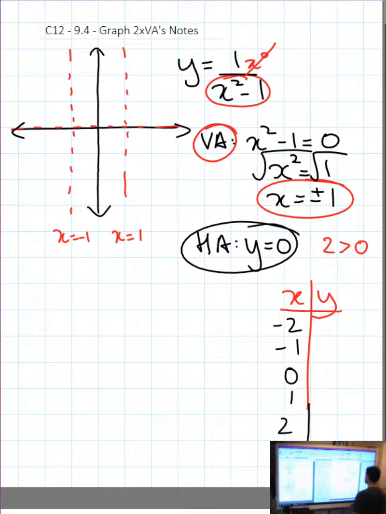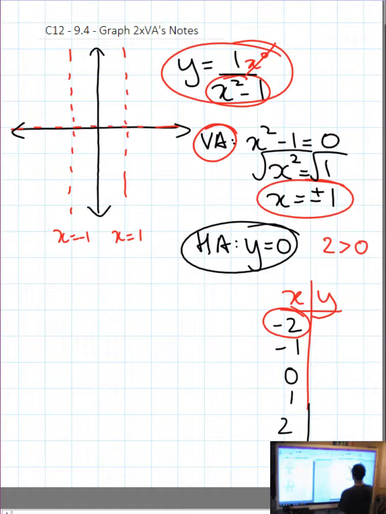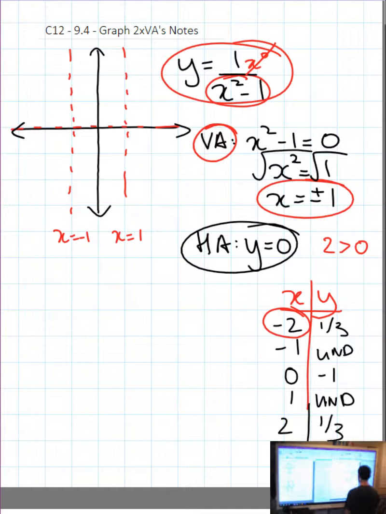But if I take -2 and put it into the function, -2 squared is 4, minus 1 is 3, therefore we get 1/3. And we will continue like that, undefined at our asymptotes. If I put 0 in, 0 squared is 0, minus 1 is -1, and 1 divided by -1 is -1. And if I put 2 in, 2 squared is 4, minus 1 is 3, and 1 divided by 3 is 1/3.